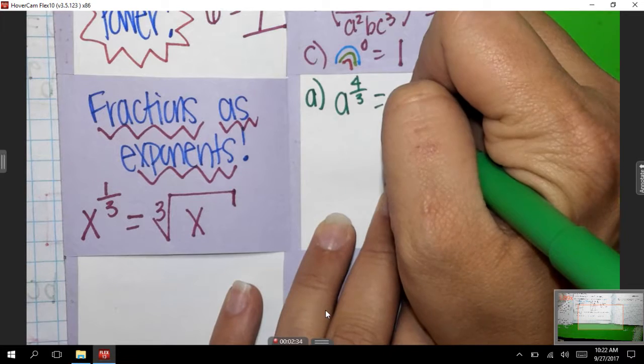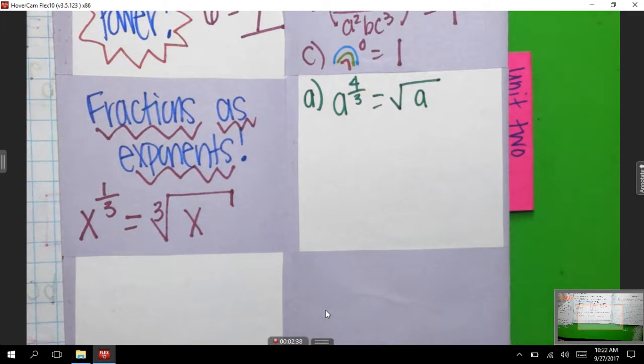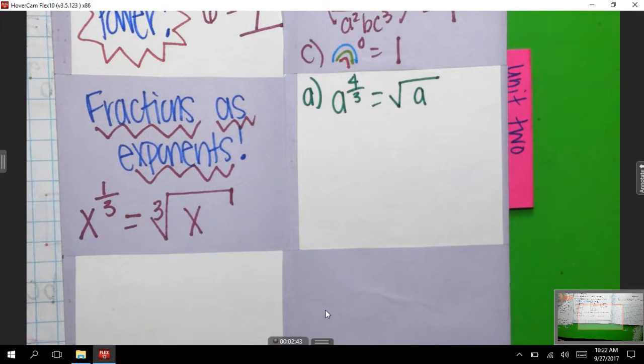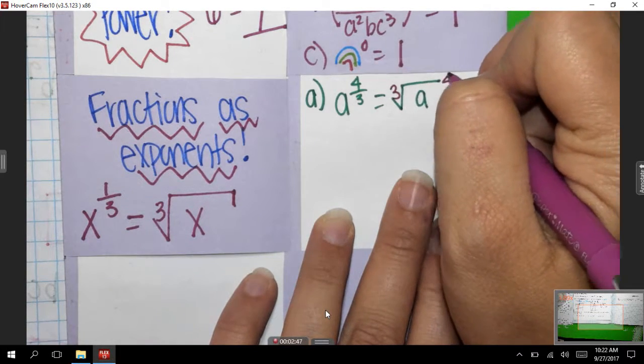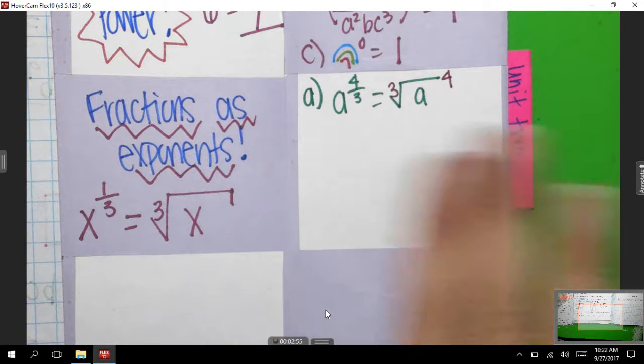So we're going to draw our mullet, and we're going to put a underneath. Now, where does the 3 go? Does the 3 go in the mullet or out in front of the hat? The mullet. And what number goes in front of the hat? The 4. You're done. That's all I want you to do. We're going to expand on this more next week, but this is all I want you to do for now.